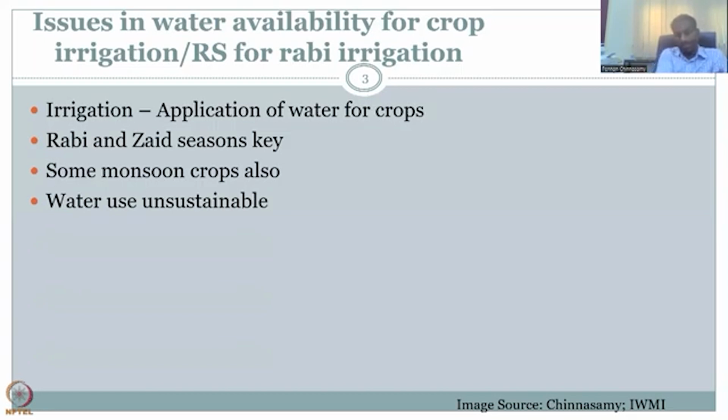So water use is unsustainable in India. India has become a food exporter from the past to now. It has become a food and crop exporting nation across the world. Initially, it was only exporting, as I said, to neighboring countries or in very, very small volumes.